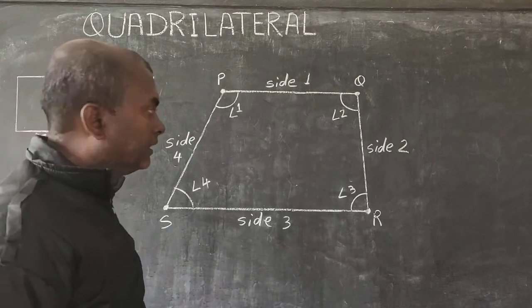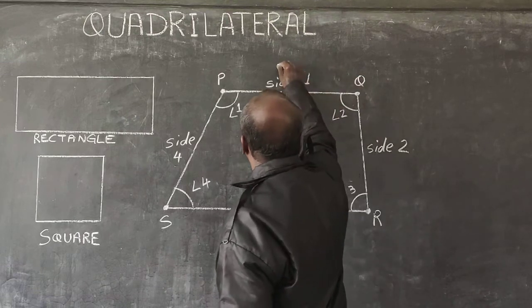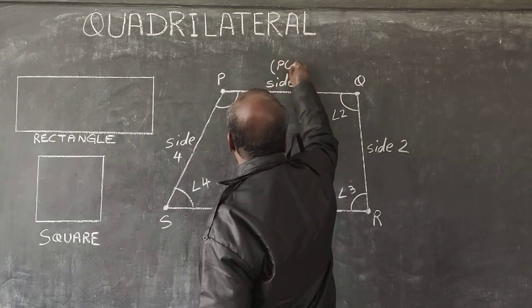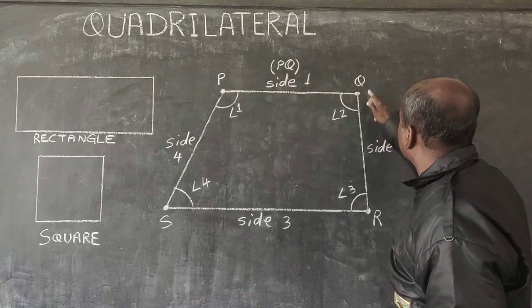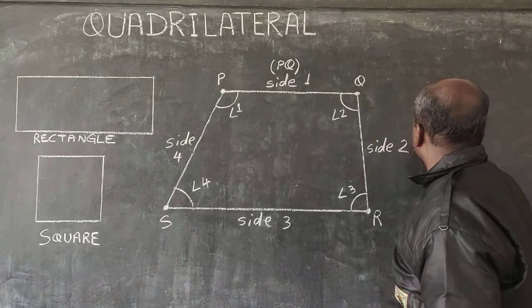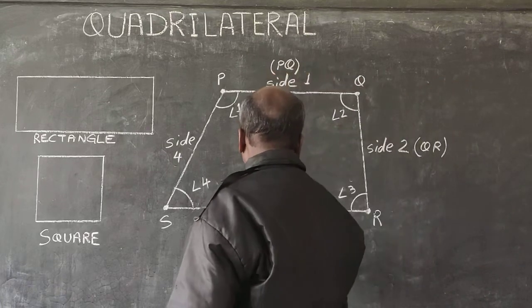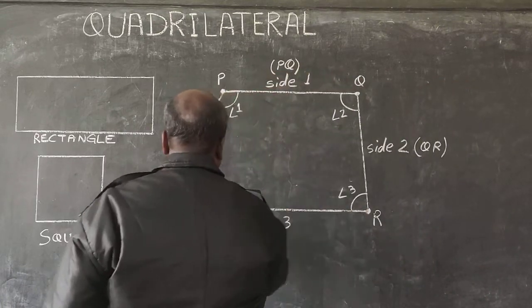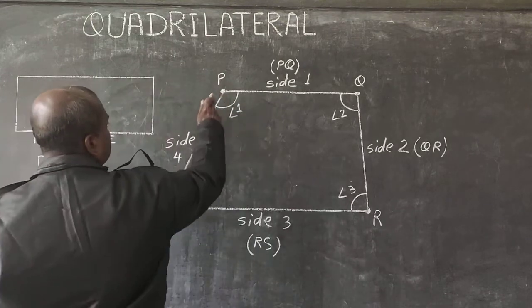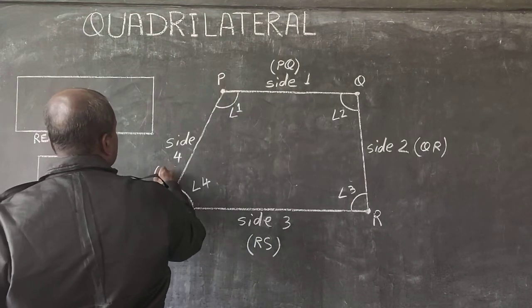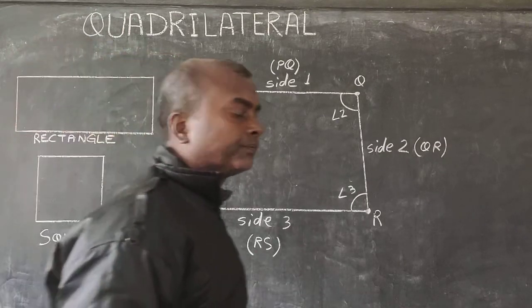We have named the sides here, okay? Side 1 is PQ. Side 2 name is QR. Side 3, let us name it as what? RS. And side 4 is PS. Alright.